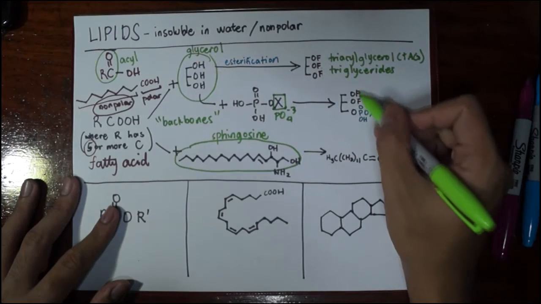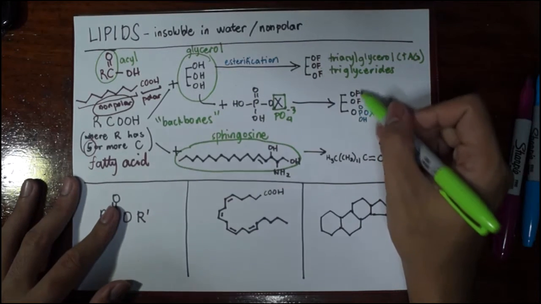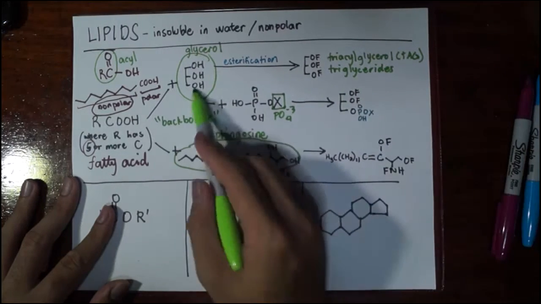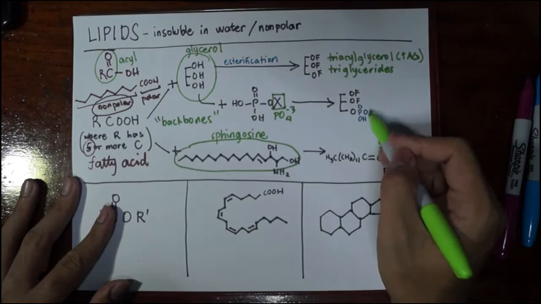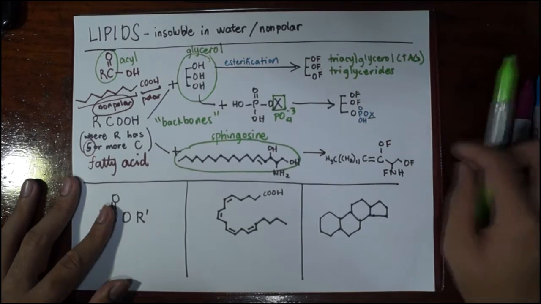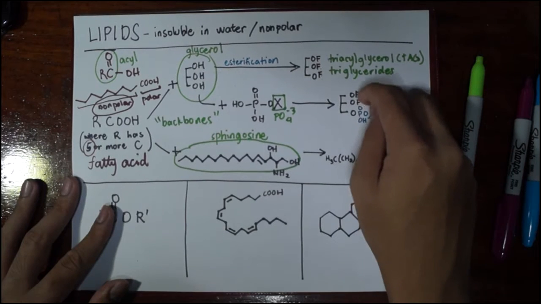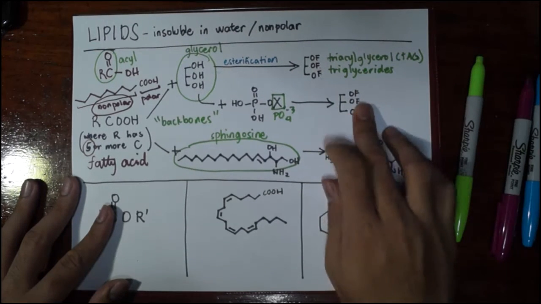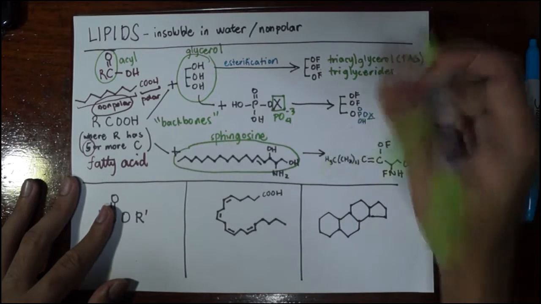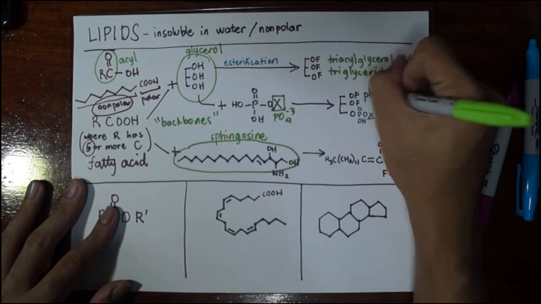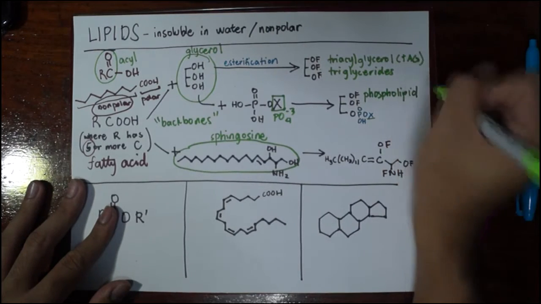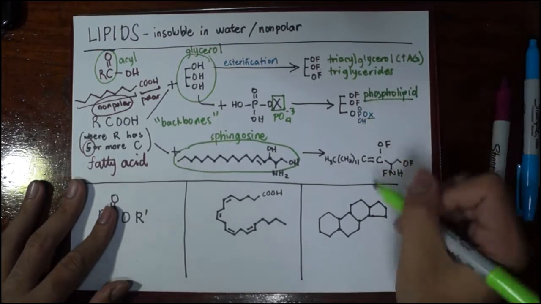So we have here, instead of 3 fatty acids, just 2, because the third hydroxyl in glycerol is bonded to the phosphate group with an additional head group. Instead of calling this a triglyceride, well, this is a diacyl glyceride without the third, but if it has a phosphate here, the name of this now is a phospholipid.